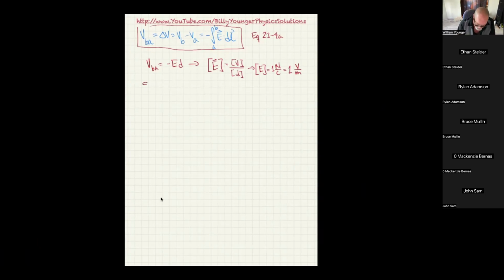For instance, epsilon 0 is equal to 8.85 times 10 to the negative 12th coulomb squared per Newton meter squared.